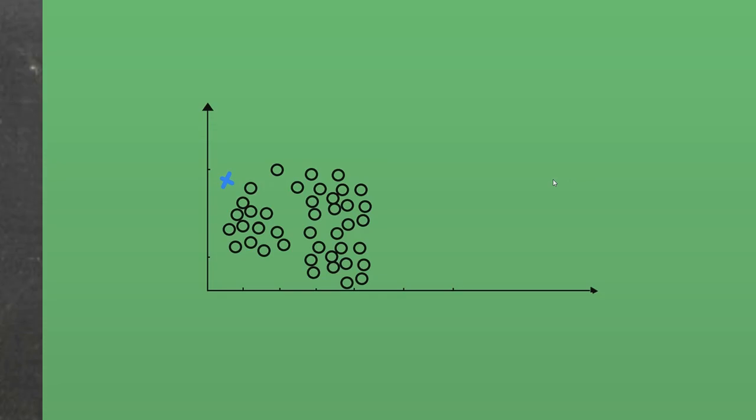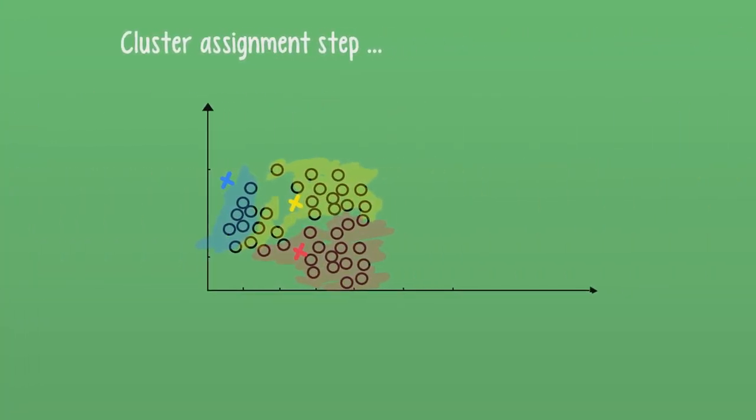So what we're gonna do first, we just choose randomly three data points. We call them centroids. These 3 data points we chose randomly, and we call them centroids. Why centroids? Because they're going to be the center of our given clusters. We choose them randomly.